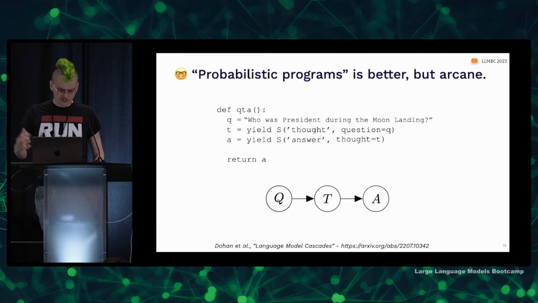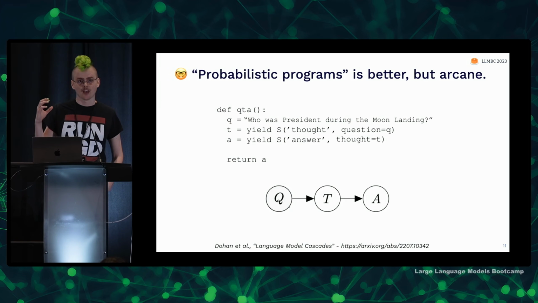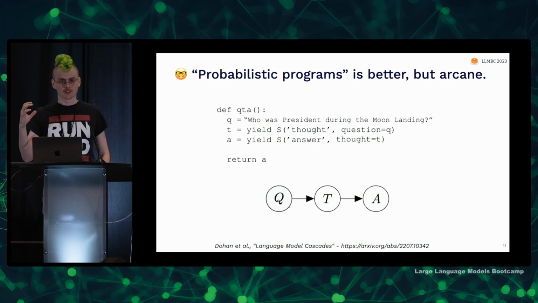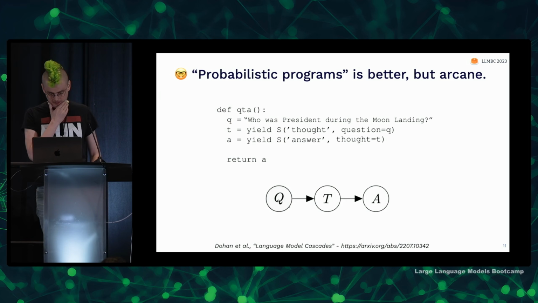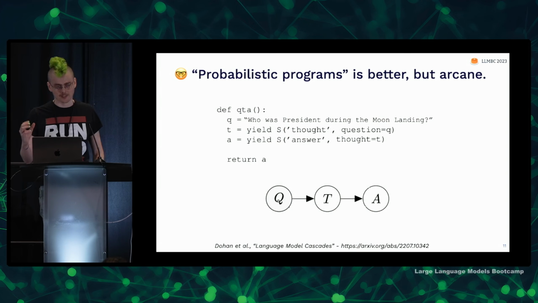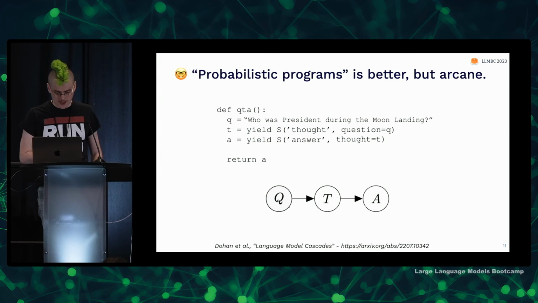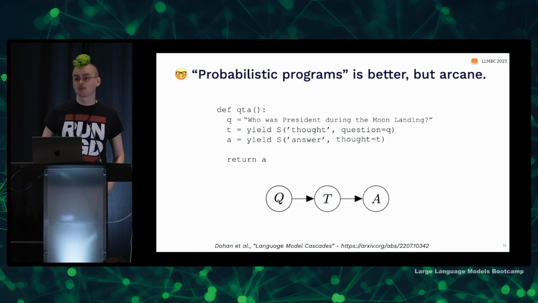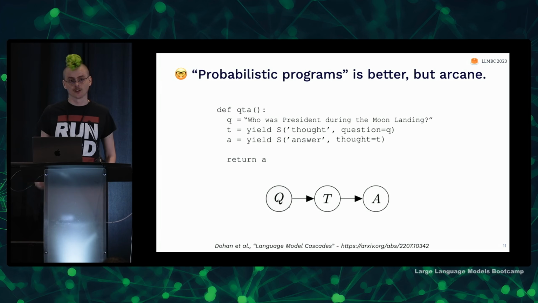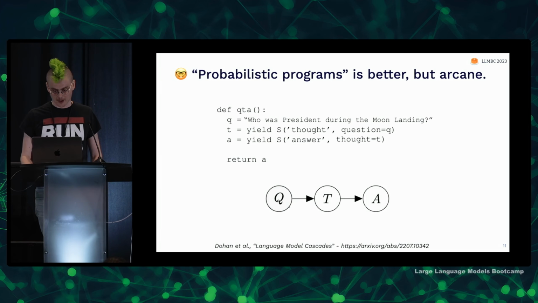But this gives you the best way to think about just how complicated you can get when thinking about a probabilistic model of text. If you're interested in that direction, if you have that background or interest, the Language Model Cascades paper by Dohan et al. dives into detail and shows how you can explain a bunch of prompting tricks and other things that people have done in terms of probabilistic programs.